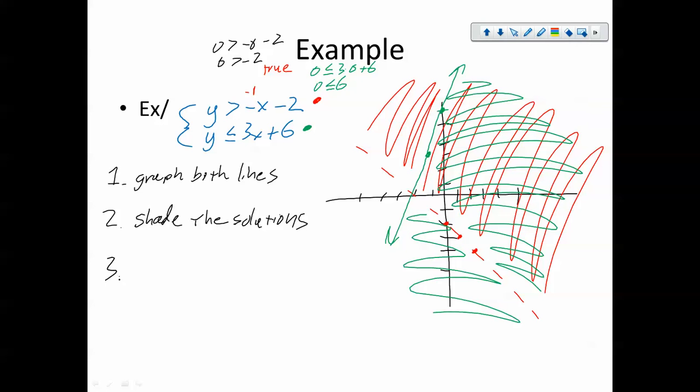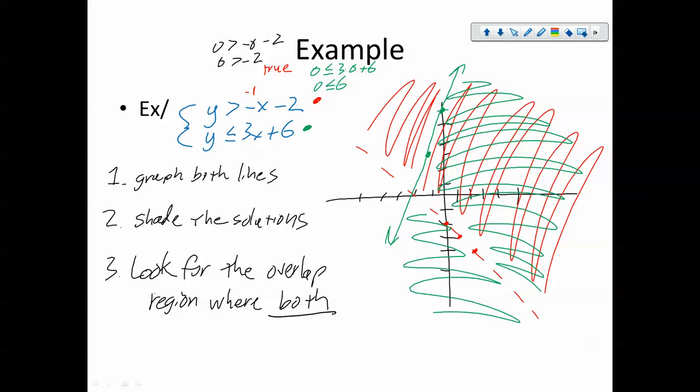And then the last thing we're going to do is look for the overlap. Because the overlap is the region where both equations, both inequalities, are solutions.